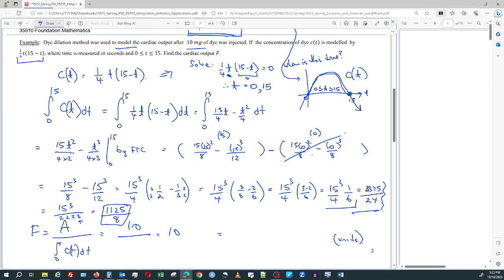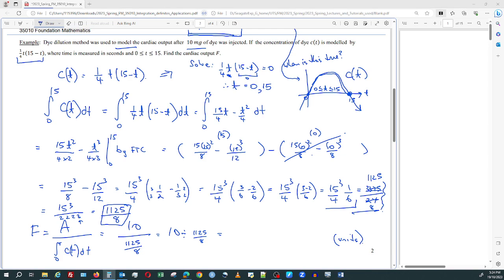So I'm just going to replace that with 1125 over 8, and so this becomes 1125 over 8. So 10 divided by 1125 over 8. And so I'll do that one, and let's see where we come out with that.